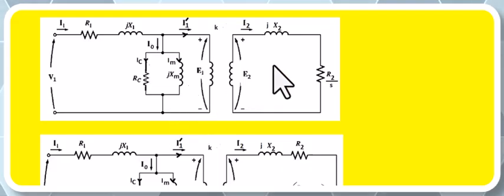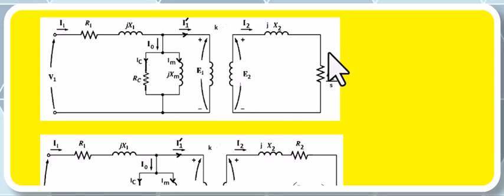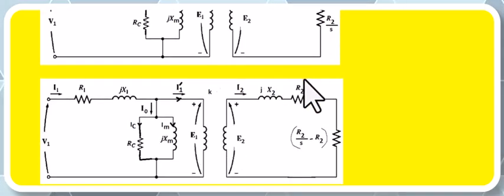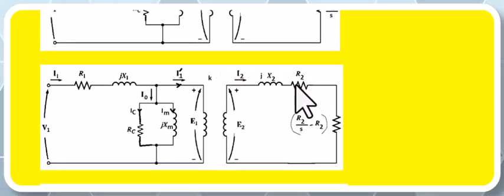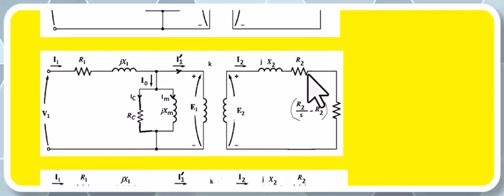Now for this circuit, add R2 and subtract R2, then we get the circuit like this. With R2 by S minus R2, the net value is still R2 by S only.